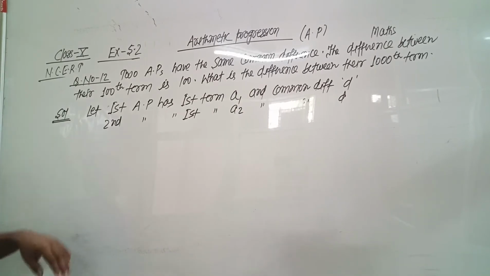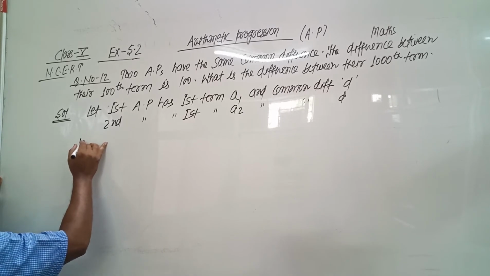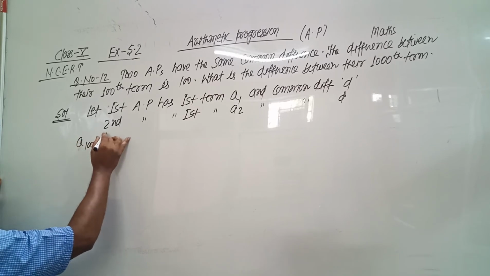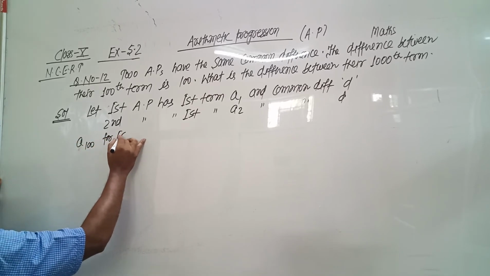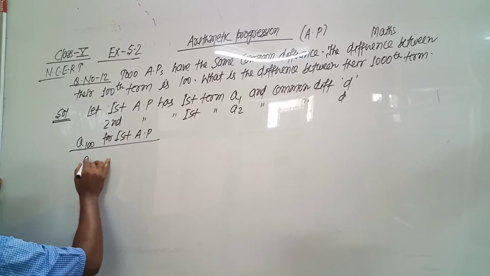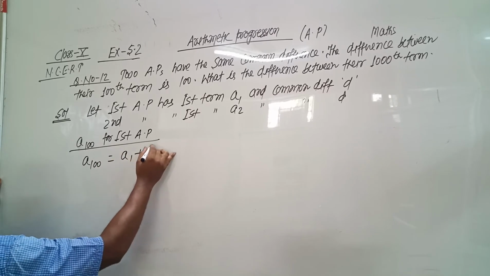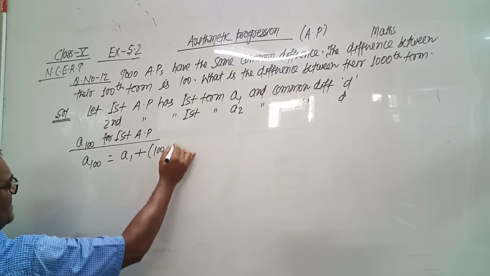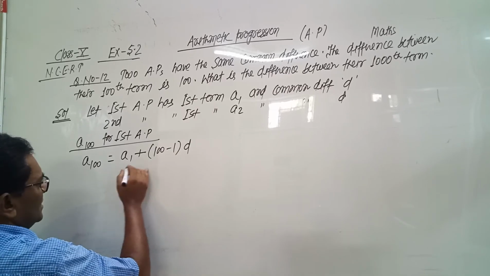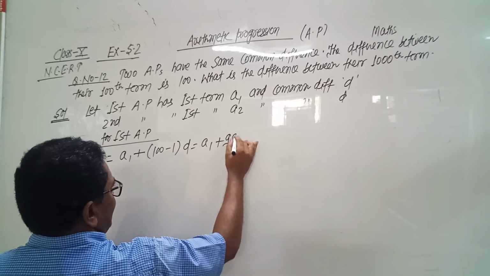The difference between their 100th terms. So A100 for the first AP equals A1 plus 100 minus 1 into D, which is A1 plus 99D.